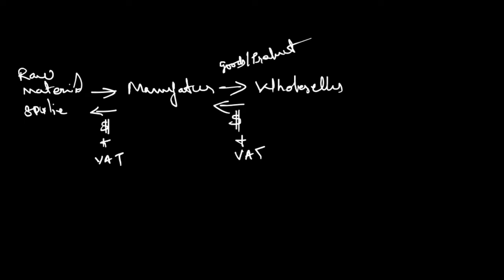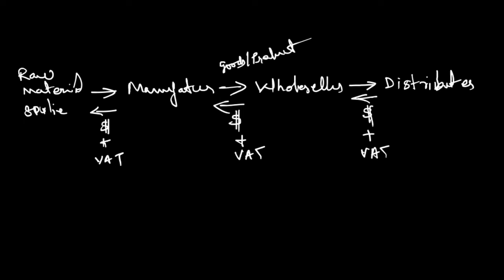Then the wholesaler will give it to the next level, maybe a distributor. The distributor will pay money to the wholesaler, and the wholesaler will charge VAT, and the distributor is entitled to pay VAT.